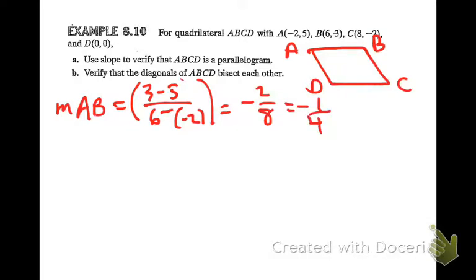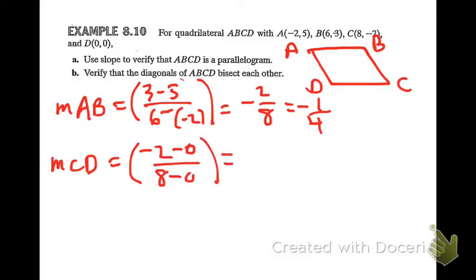Right? That's the slope of AB. Let's do the slope of CD. M of CD is equal to -2 minus 0 over 8 minus 0. That equals -1/4. Okay, so AB and CD are parallel.